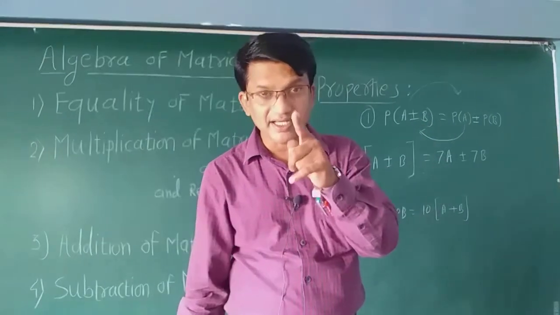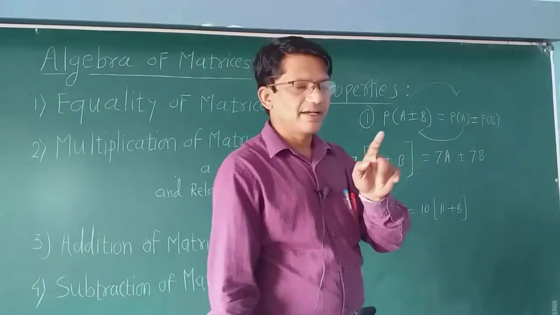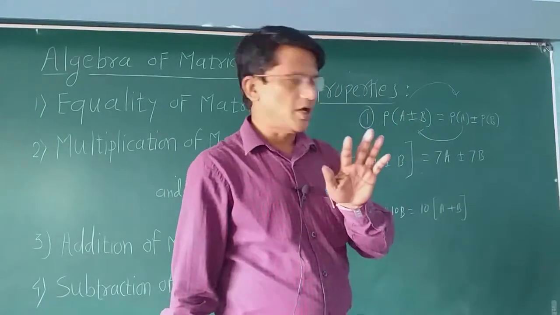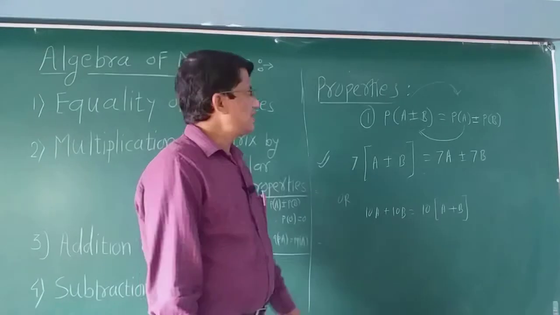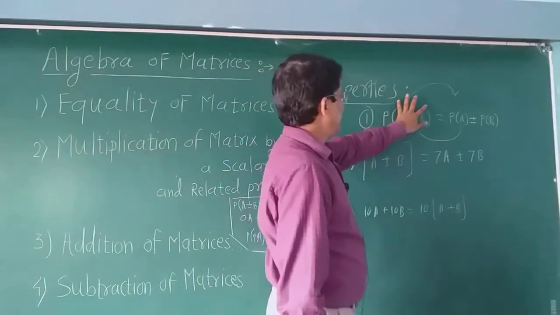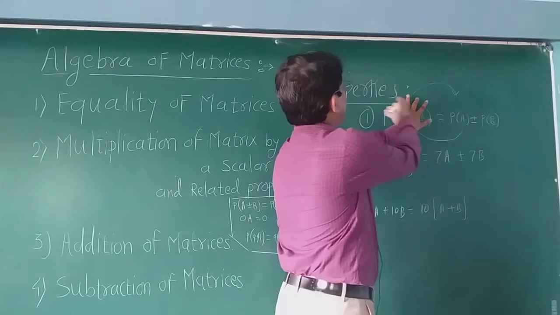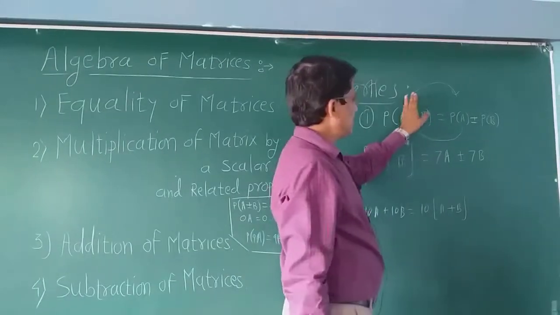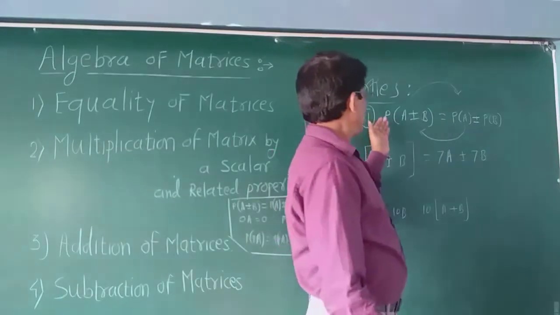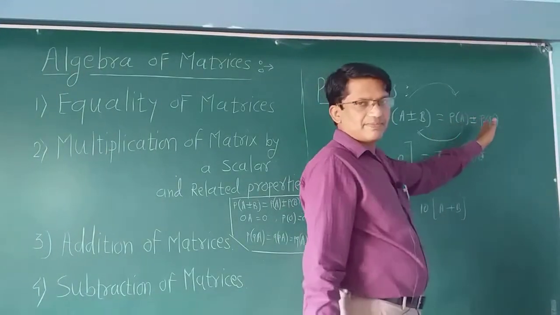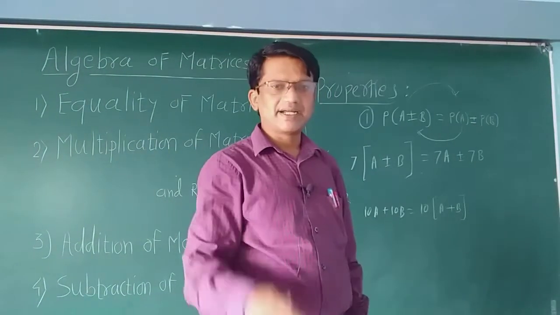But the condition here is that A and B must be of the same order. This is about what happens if the addition of two matrices is multiplied by a scalar: the result is P with the first matrix plus minus P with the second matrix.